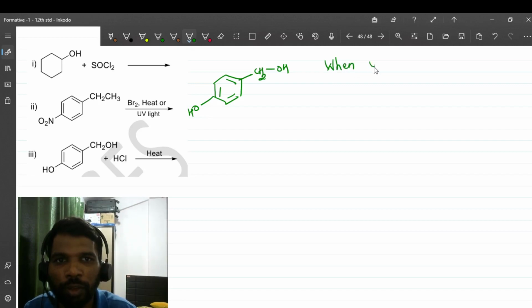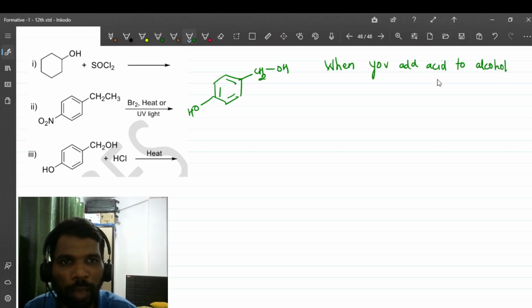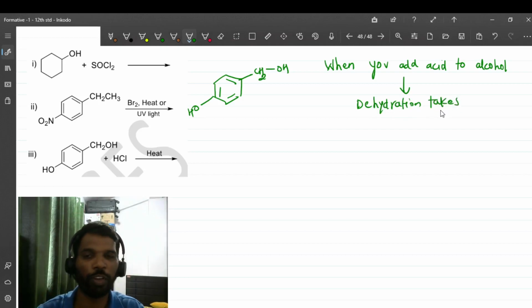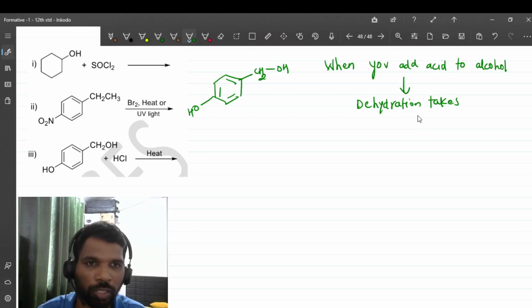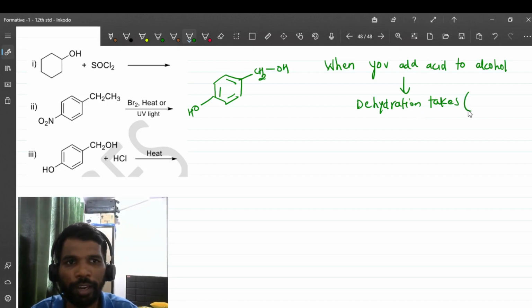When you add acid to alcohol, what happens? Dehydration takes place. Always remember this. Whenever you add HCl, HNO3, H2SO4, any mineral acid, dehydration takes place. Dehydration means what? Loss of water.